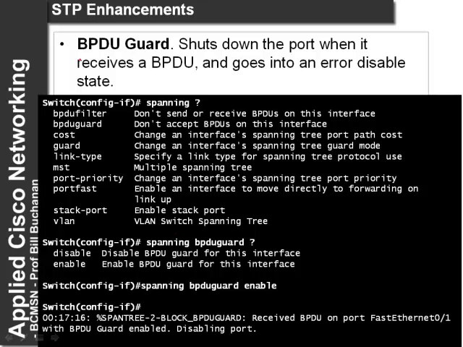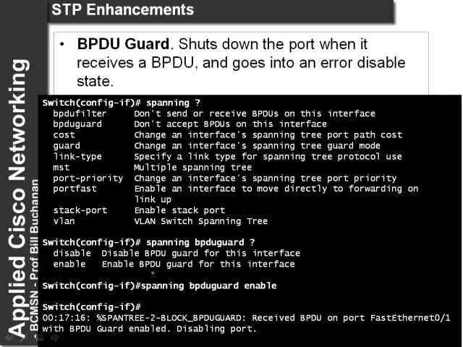There are various enhancements to the STP protocol. One of them is BPDU guard, and that is to stop an intruder from injecting BPDU packets into the network and obviously causing disruption.